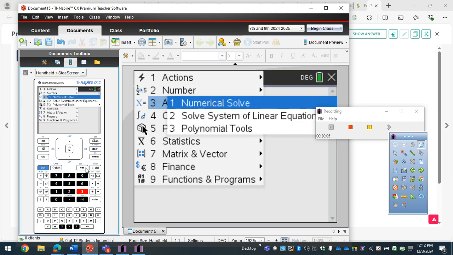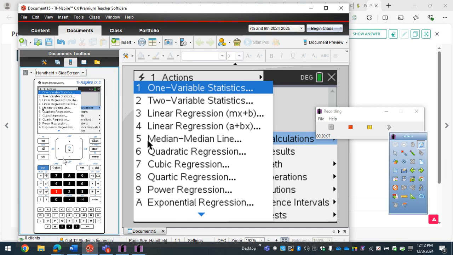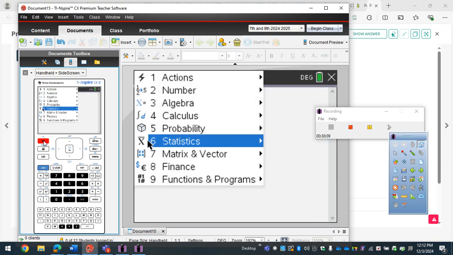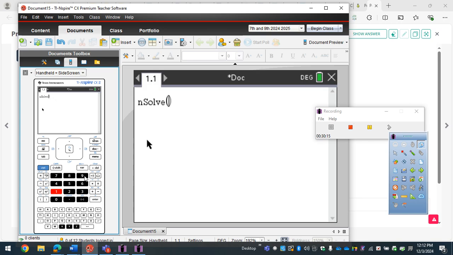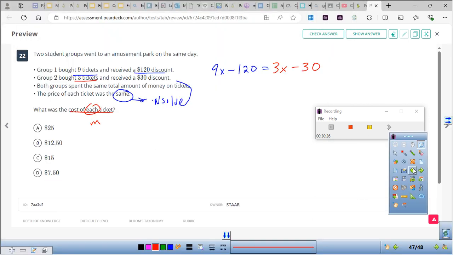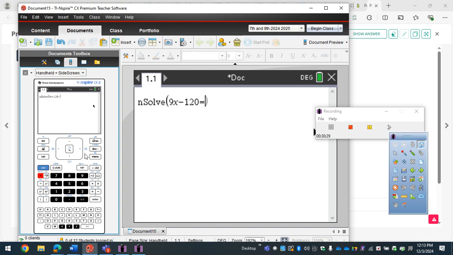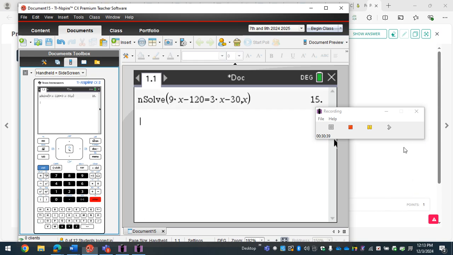On the calculator, menu, 3, 1, 9x minus 120 equals 3x minus 30, comma, x. $15 at each one.